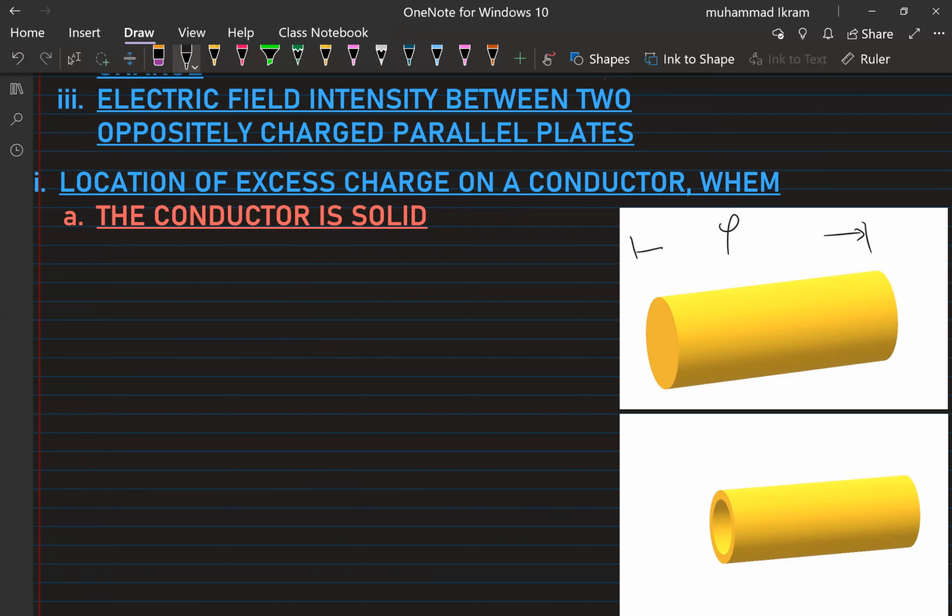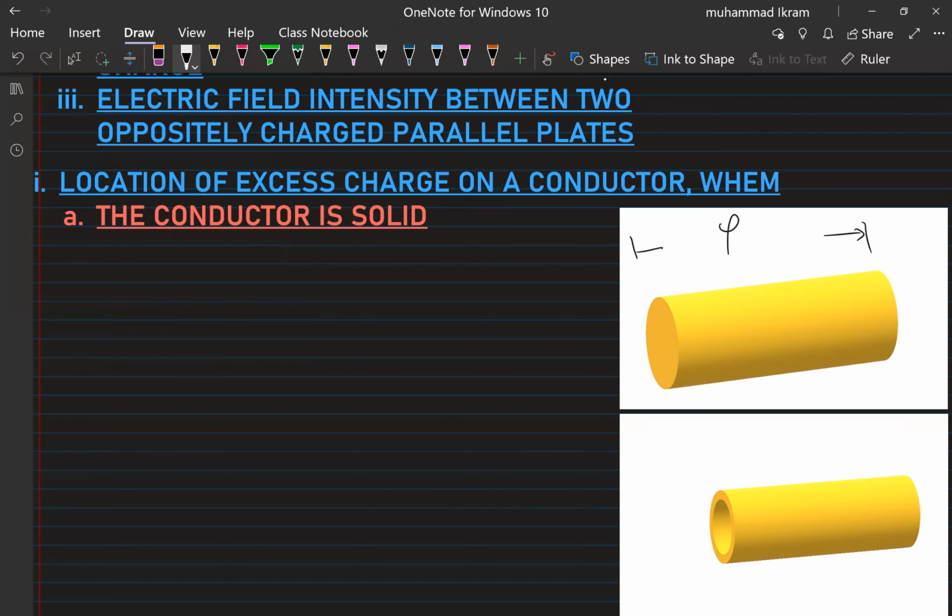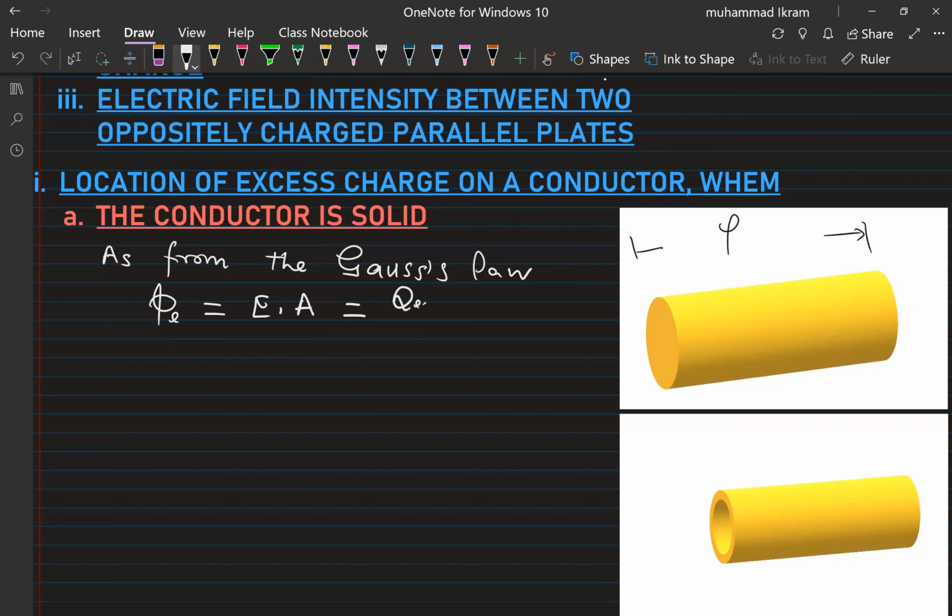Now let us see, from Gauss law, we can write that the electric flux through any closed surface, E dot A, equals the charge enclosed by the surface divided by epsilon naught.